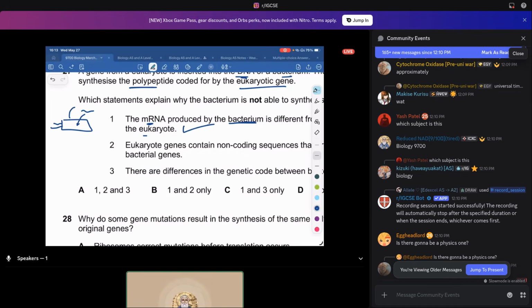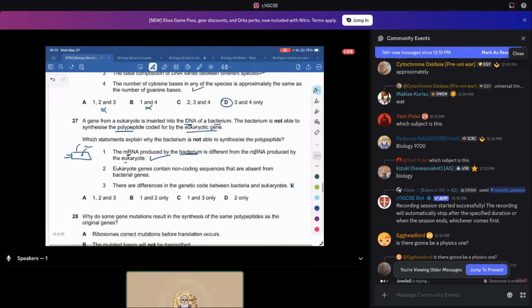There is a bit of an out of syllabus asterisk there. I'm not going to discuss it. So bacteria cannot splice. Only eukaryotes have the ability to splice. So the mature RNA produced by the bacteria still has the introns, while the mature mRNA produced by the eukaryotes does not have the introns.